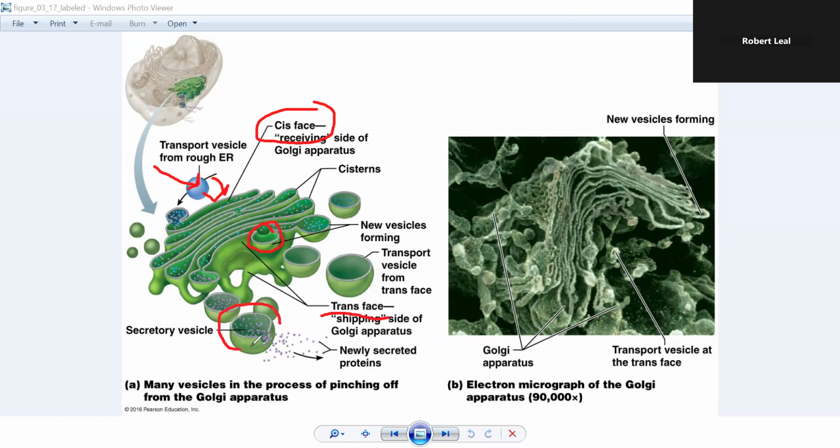So the final product within this vesicle leaving the Golgi apparatus may be some content that is excreted out of the cell. It may be to replace proteins embedded in the membrane, or maybe it's a new organelle to replace old organelles inside the cell.